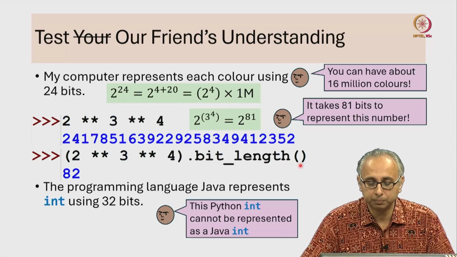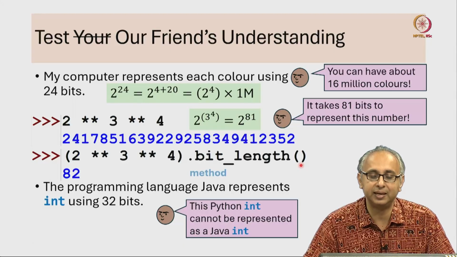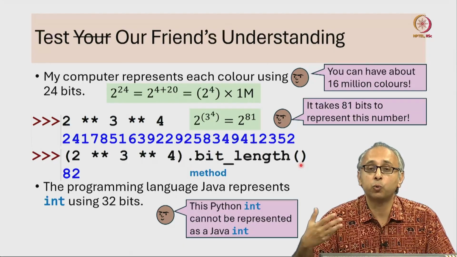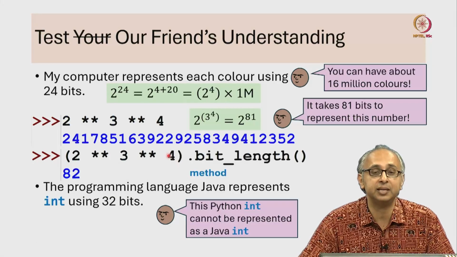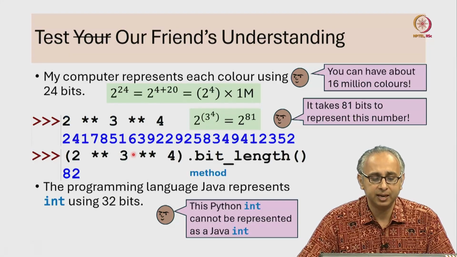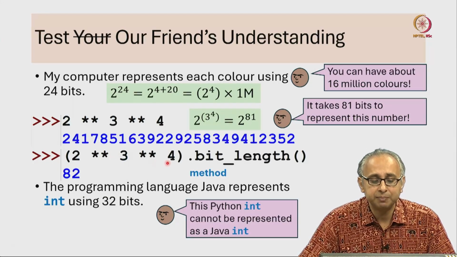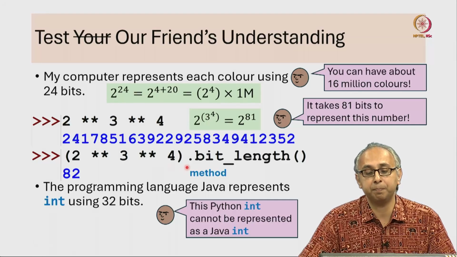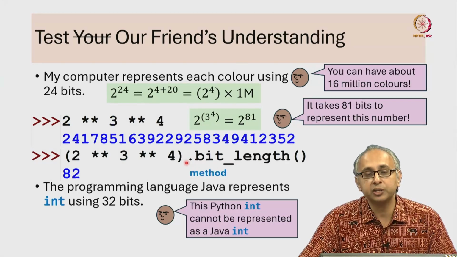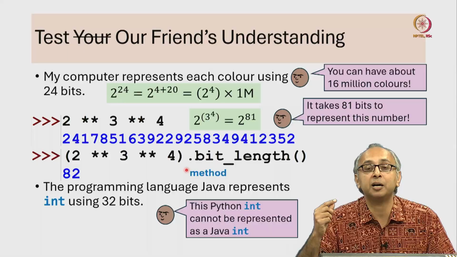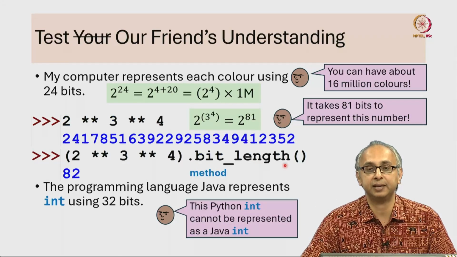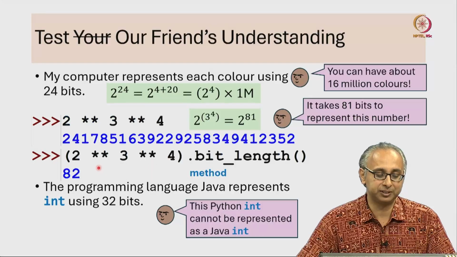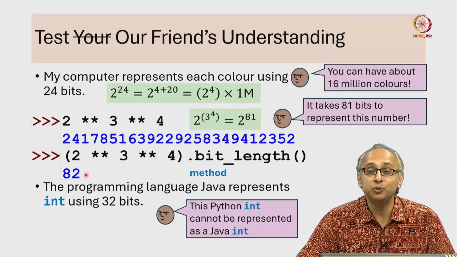This dot bit_length is a built-in method, a way of querying some information about this int. We're basically saying, for this int, tell me this int's bit length. So this dot is read a little bit like apostrophe s. Tell me this integer's bit length, and the REPL tells me that it takes 82 bits.